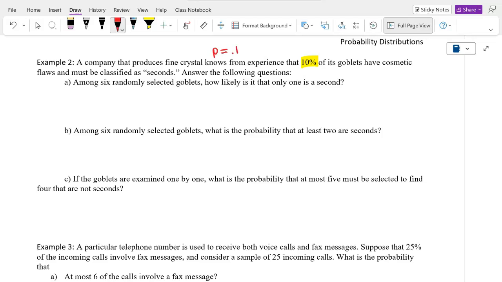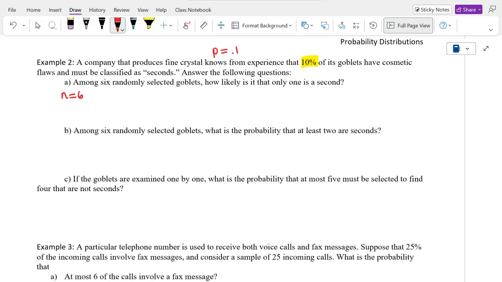Now, 10% of the goblets have cosmetic flaws and are classified as seconds, so them being flawed is a success. Among 6 randomly selected goblets, that makes our N 6.